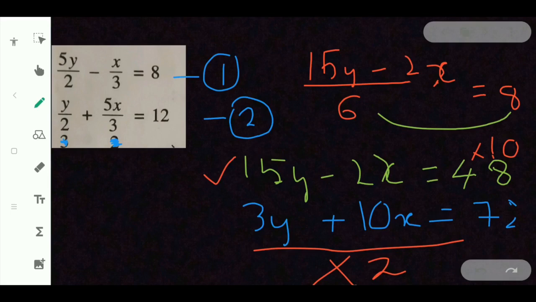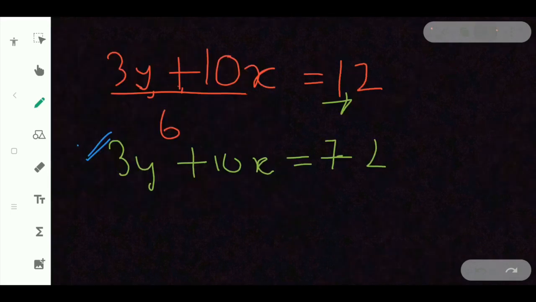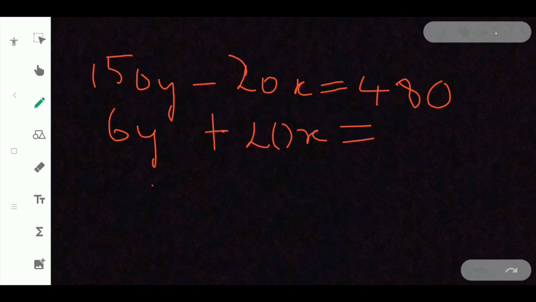So 72 multiplied with 2. 2 2's are 4, and 7 multiplied with 2 is 14, that is 144.